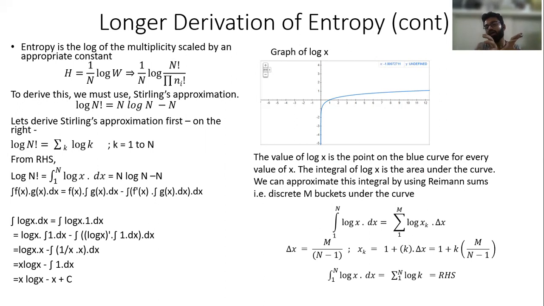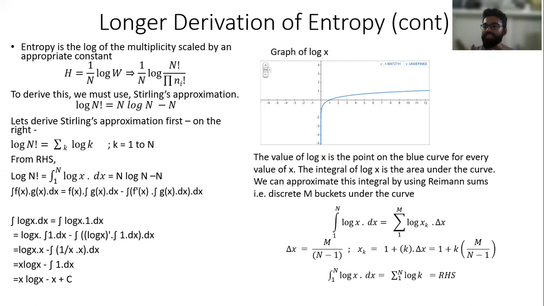By the sum rule, log of ab is equal to log a plus log b. And therefore, we can rewrite log n factorial as the summation of log k, where k is equal to 1 to n. Let's leave this RHS aside for now.